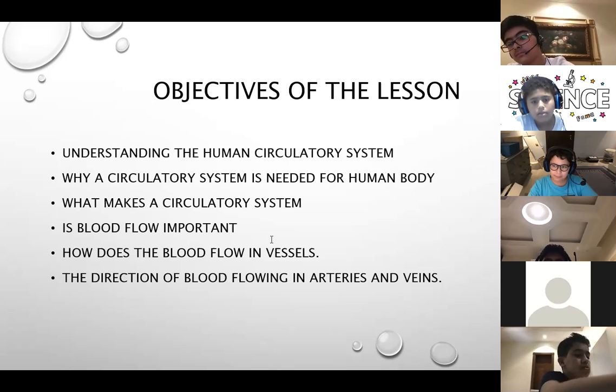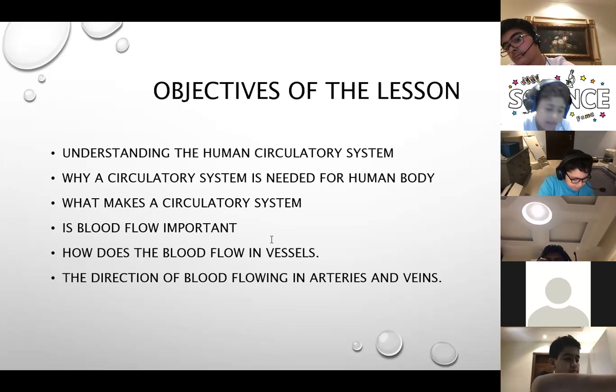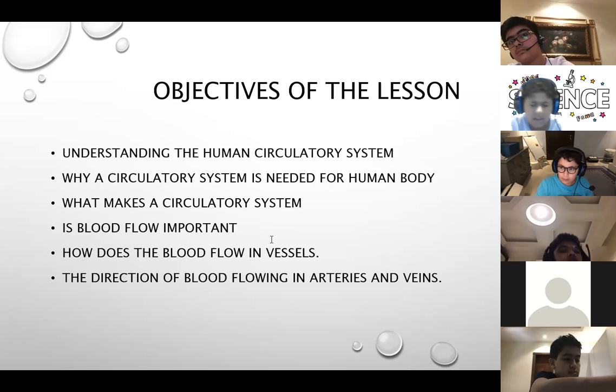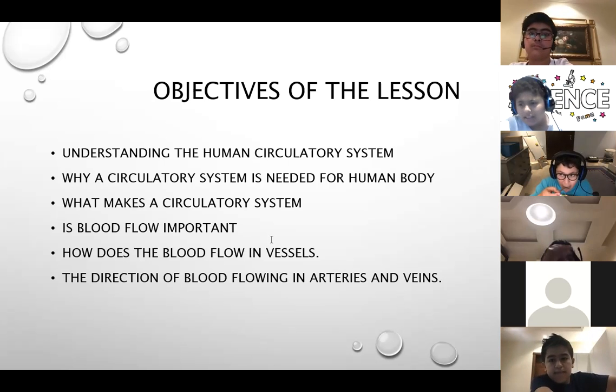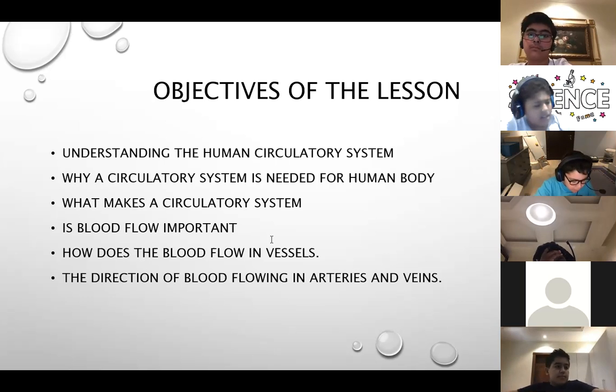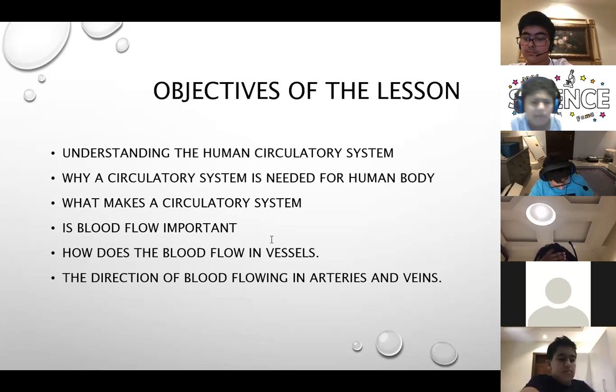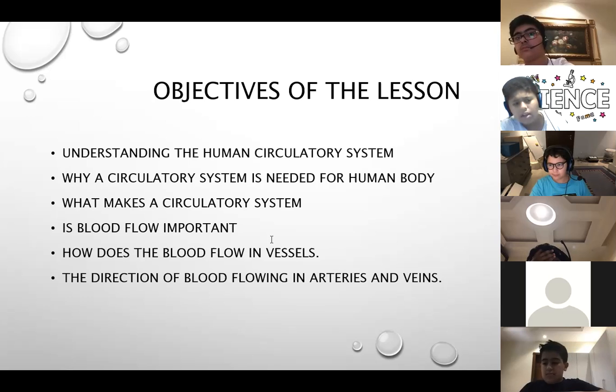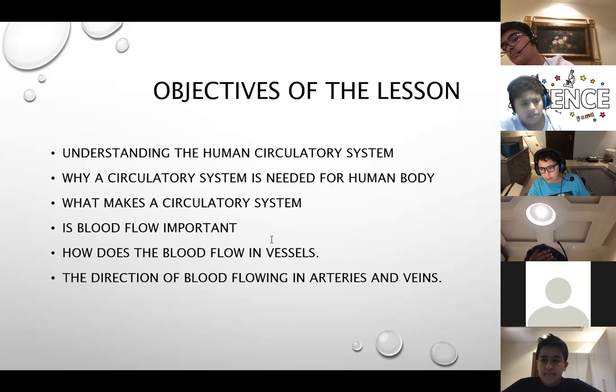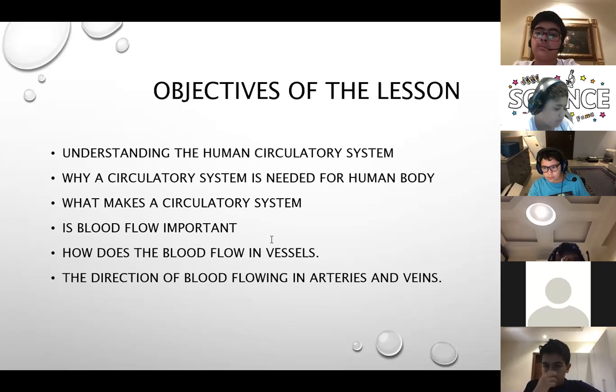That is true. And it uses lungs and heart and the blue vessels, which carry the blood with carbon dioxide, and the red blood vessels, which carry the blood with oxygen. All right. Good recall.